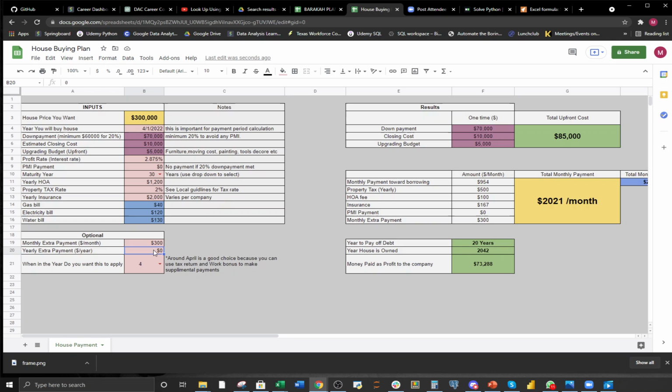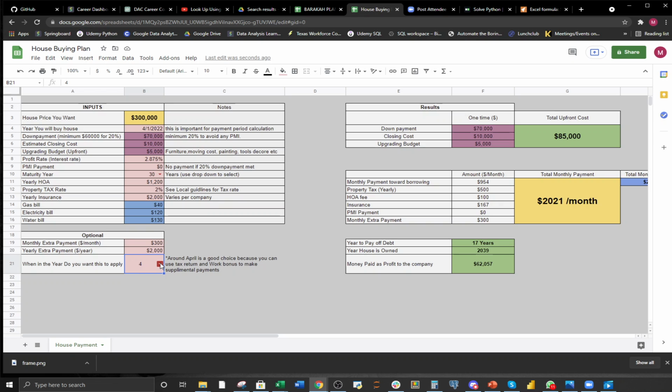This is because a lot of people get tax returns, and they also get bonuses from their company. I would highly encourage people to use some of this money and put it into the house payment. So let's say each year you decide I'm going to pay $2,000 additional, and that's going to also impact another 3 years from your 20 years.